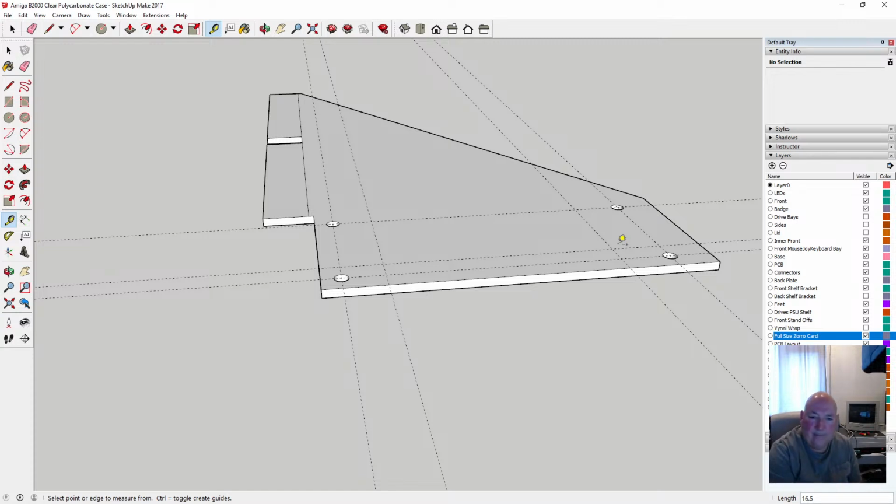Oh well. Right, these holes are a little bit bigger. These holes are bigger. So we're looking at, let's say 1.5. 1.5, so 3 mil holes.